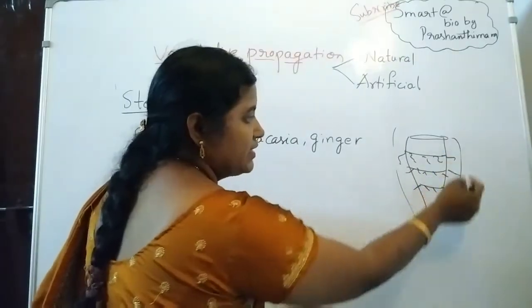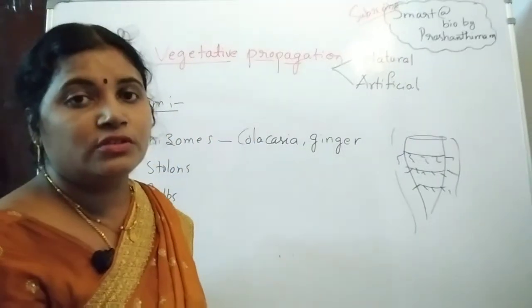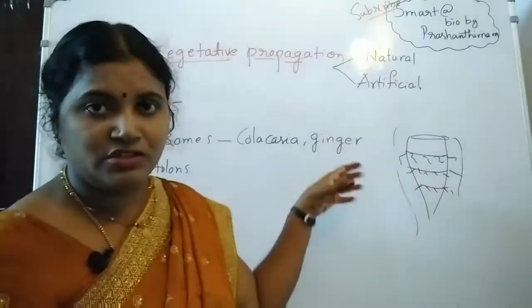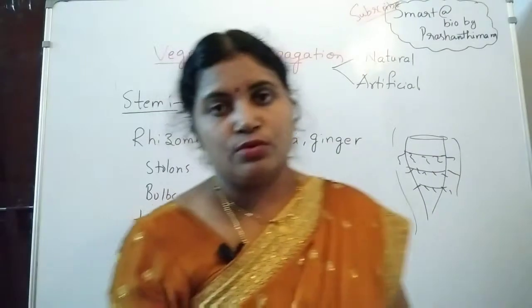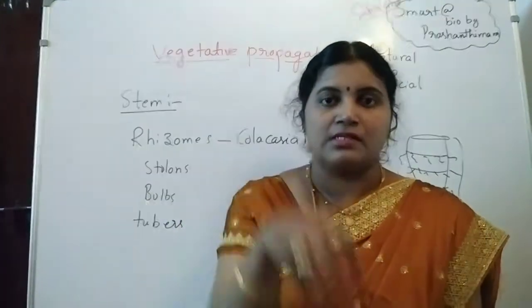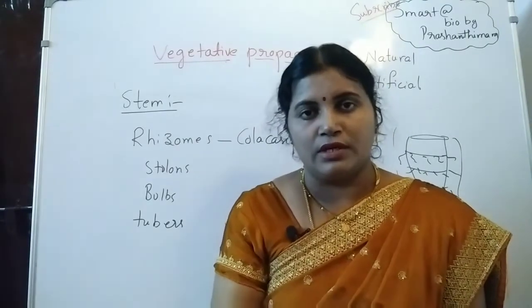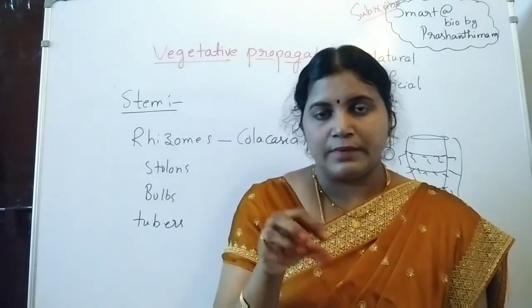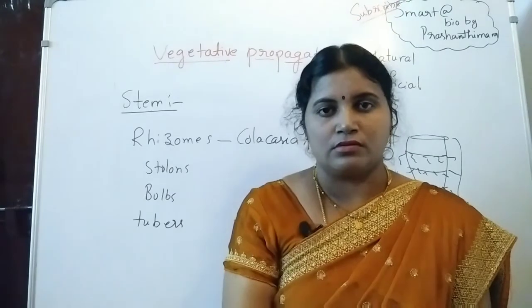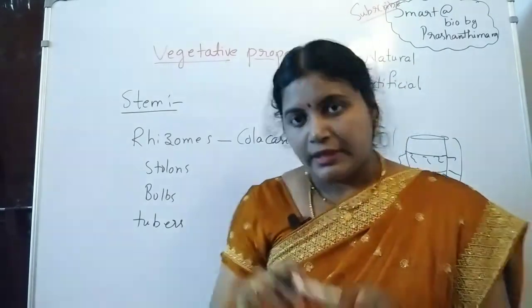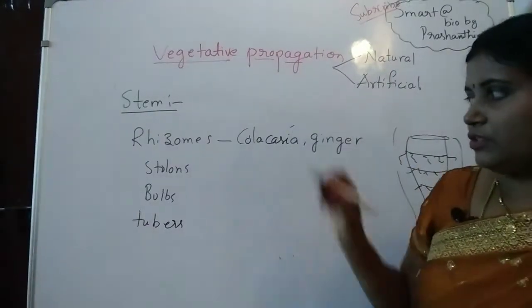The colocasia itself is the seed for the next propagation. Even in ginger, if you place a small piece of ginger in moist soil, cover it with moist soil, and water it daily, after some days we will definitely get ginger plants. In the same way colocasia also.